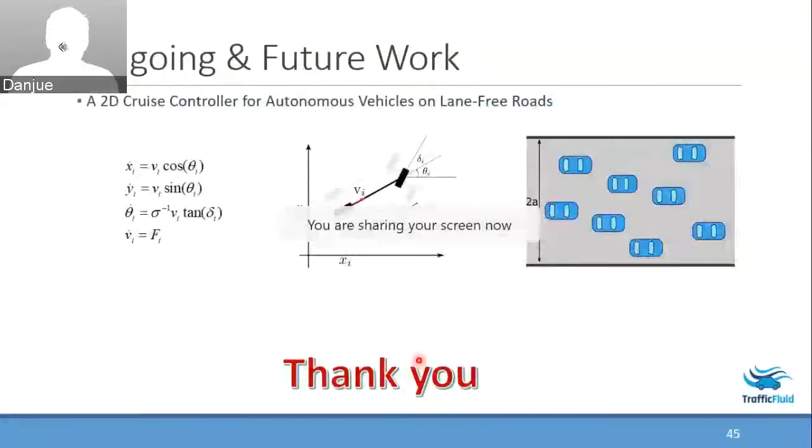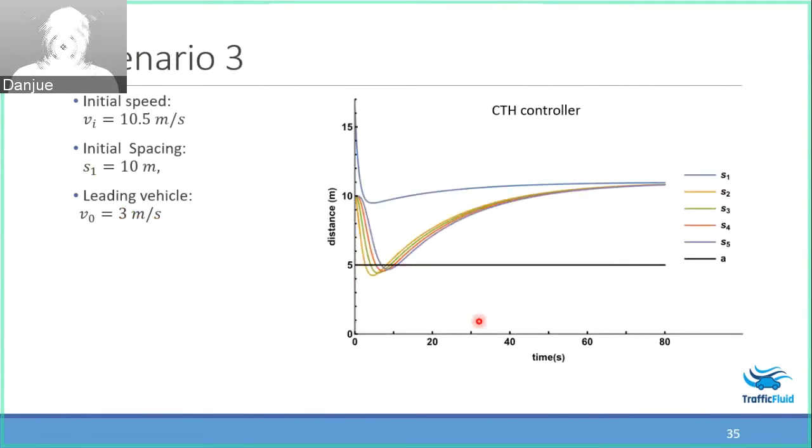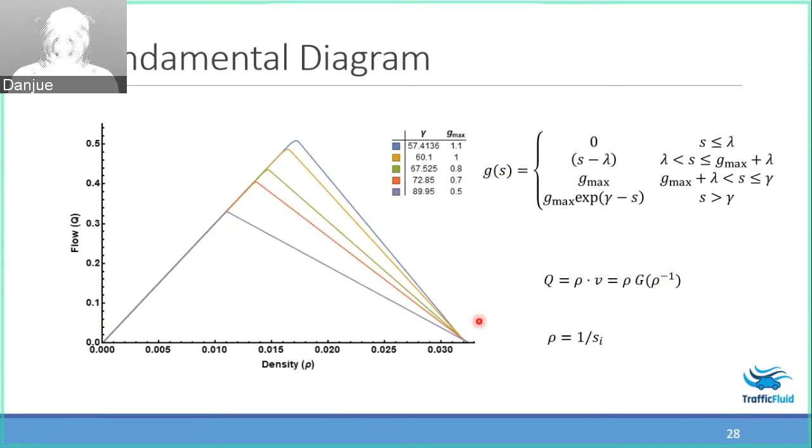You have a slide showing the fundamental diagram. So I was wondering, do the benefits of safety and string stability guarantee have to come at the price of lower flow here?